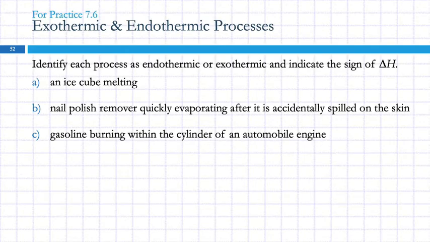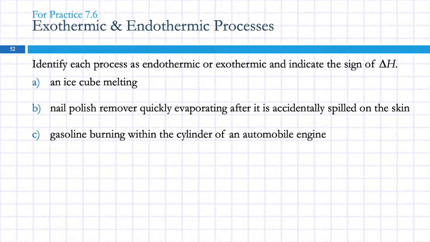So identify each process as endothermic or exothermic and indicate the sign of delta H. So an ice cube melting. Okay, so that was surprisingly tricky, right? We've got some disagreement here.